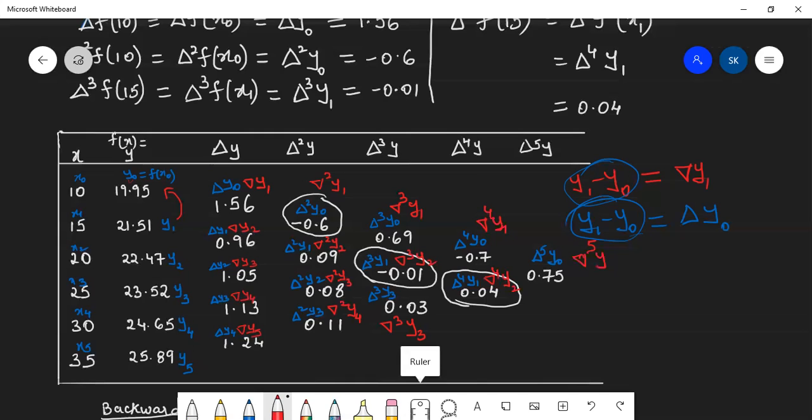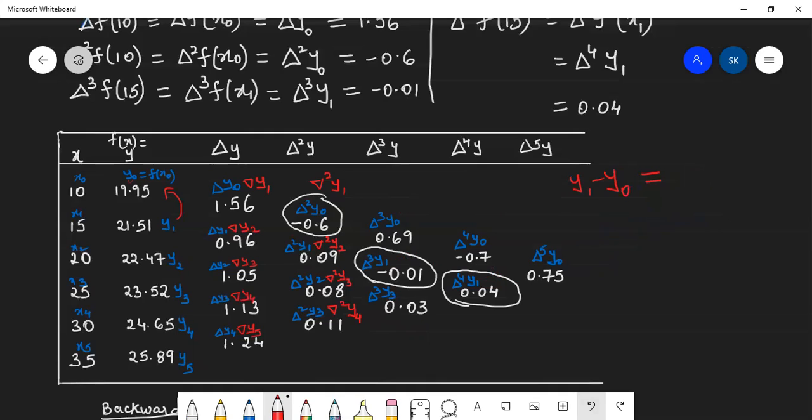I'm really sorry. I'll go back a few steps and do the notation again. Till here it is there. You have backward delta square. Here it went wrong. Here the first position will be backward delta square.